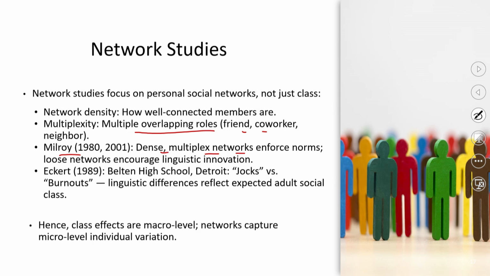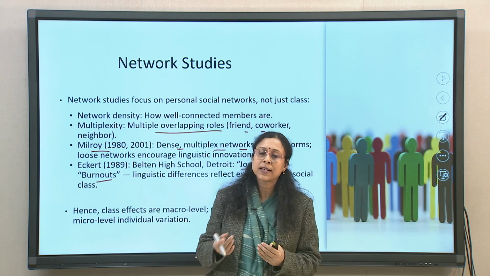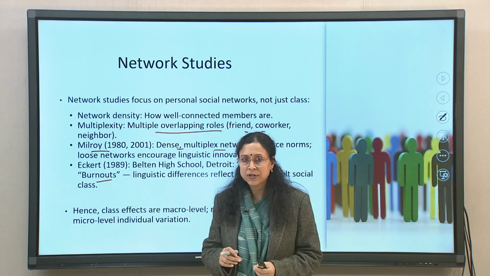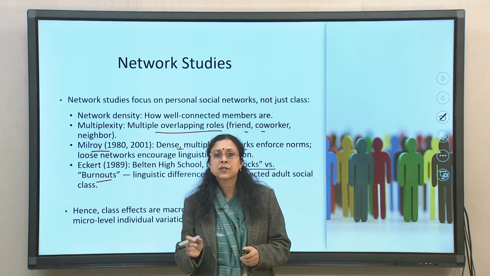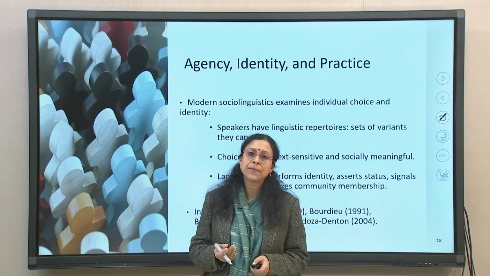Similarly, Eckert's study of high school children also looks at groups, jocks versus burnouts. Linguistic differences reflect the expected adult social class. Behavior reflected through language was taking them to different kinds of social classes. So, different groups form their own networks and so on.